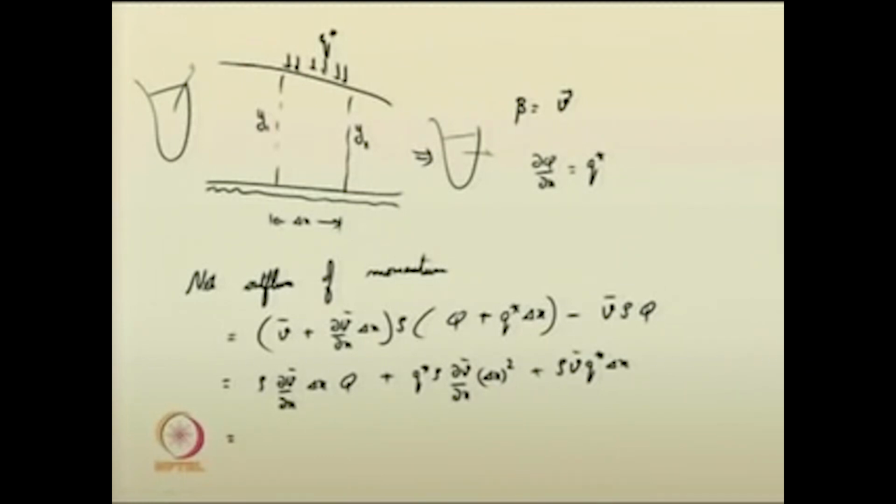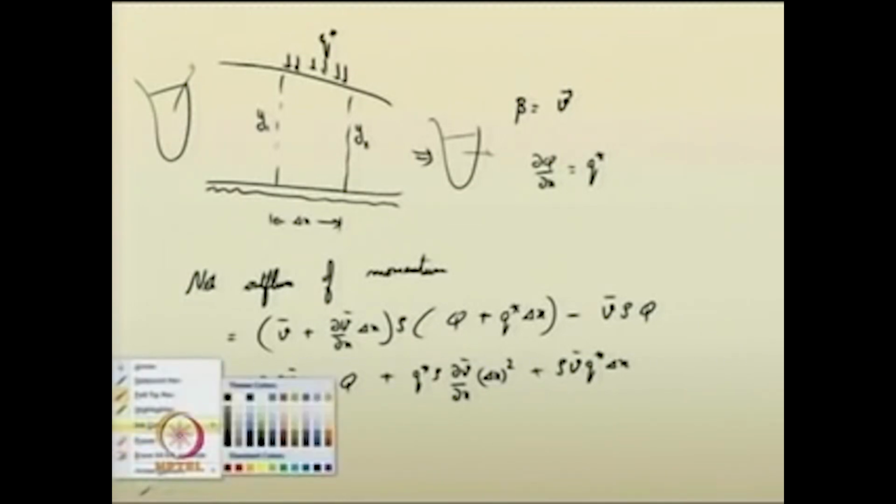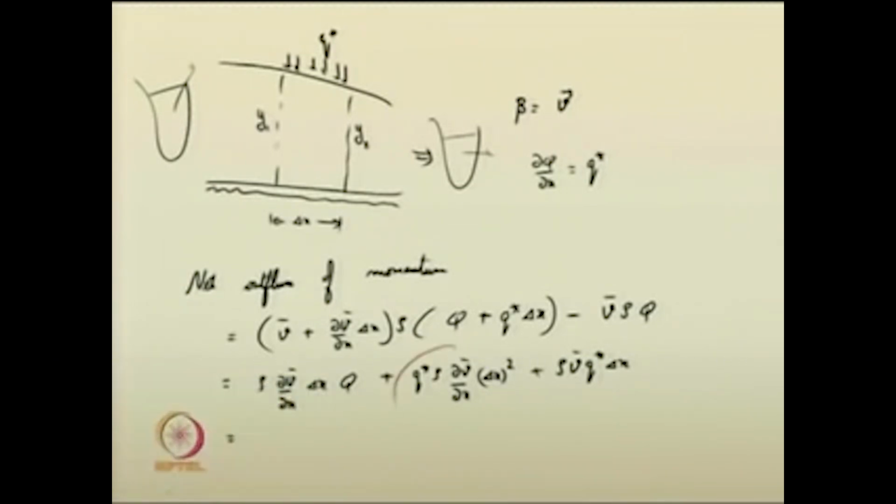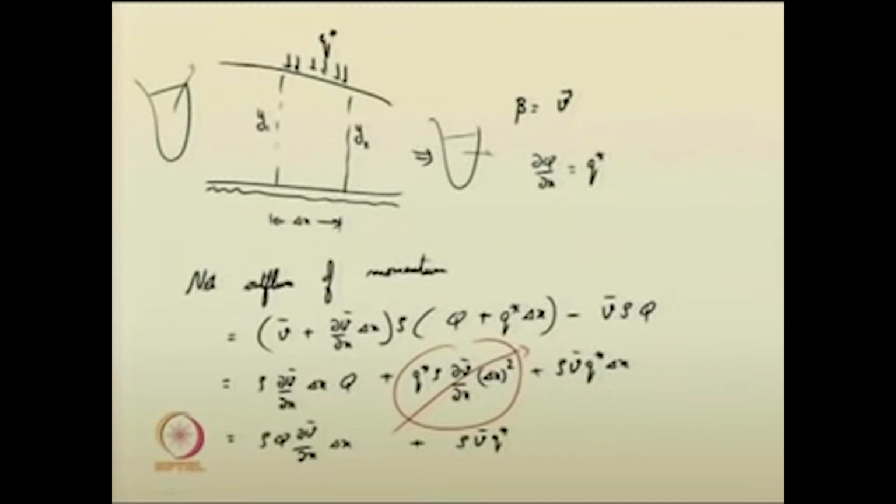As we mentioned earlier, we are going to neglect the higher order terms. So, we get the expression for net outflux of momentum as rho Q dou V bar by dou x into del x plus rho V bar q star del x.